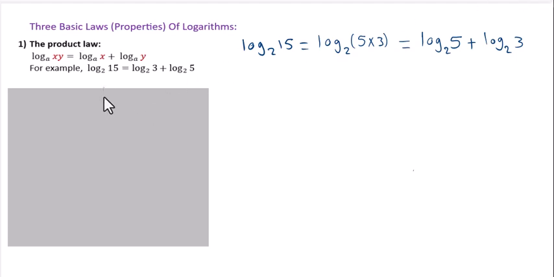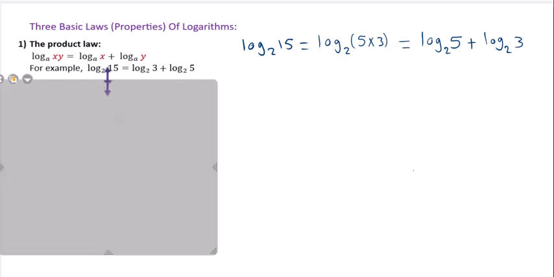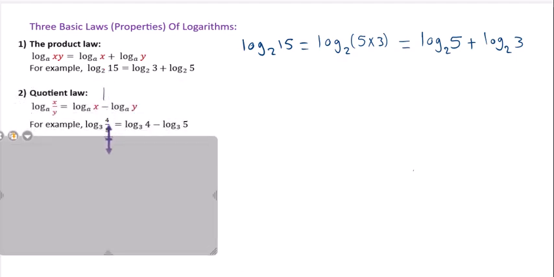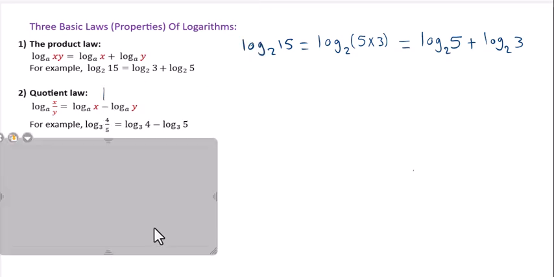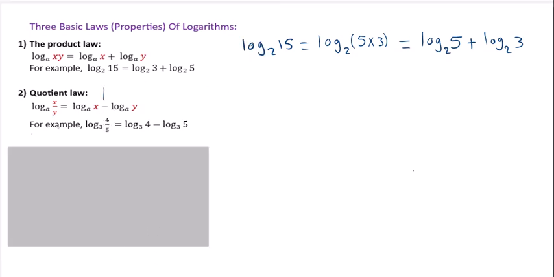The second property is called the quotient rule. And here we have almost the same. Whenever you have a single logarithm and you need to expand it, it will be the difference of two logarithms. An example for this, if I have, for example, log to base 3 of 4 over 5.